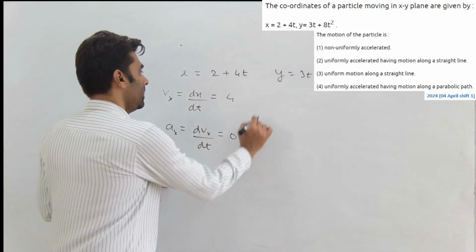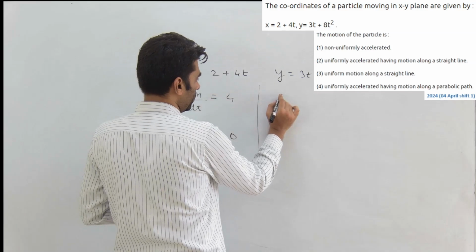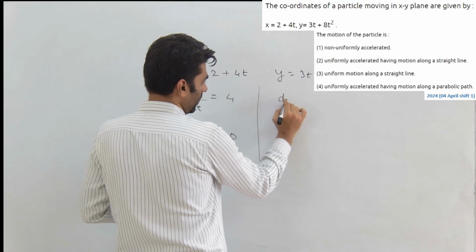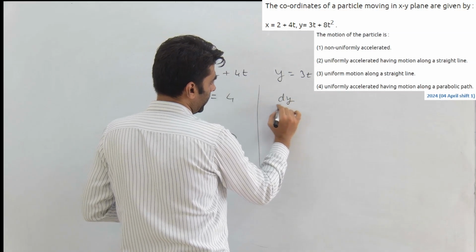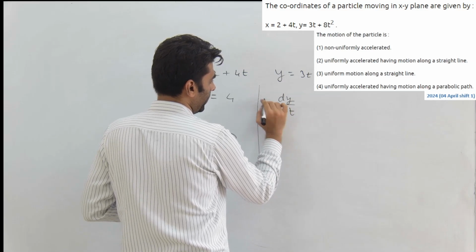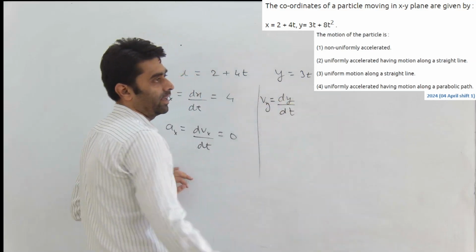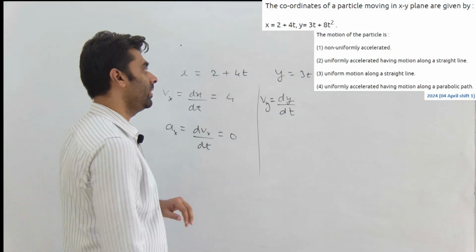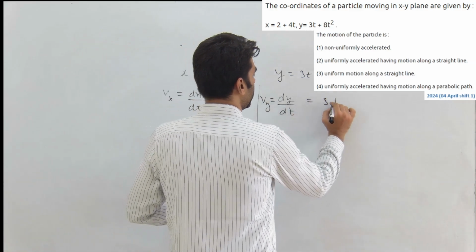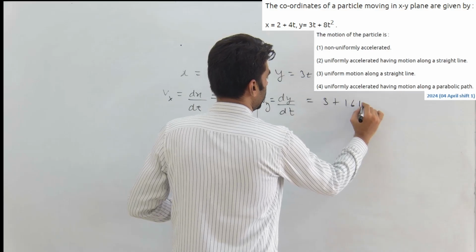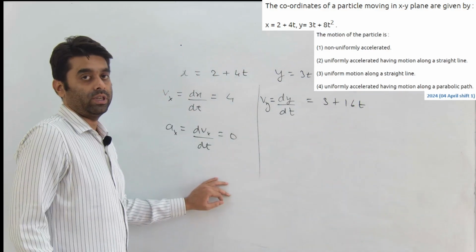Let's see next in the y direction. In the y direction, dy by dt will give us the velocity in the y direction. Velocity in y direction, dy by dt, equals 3 plus 16t, right? This is the velocity in the y direction.